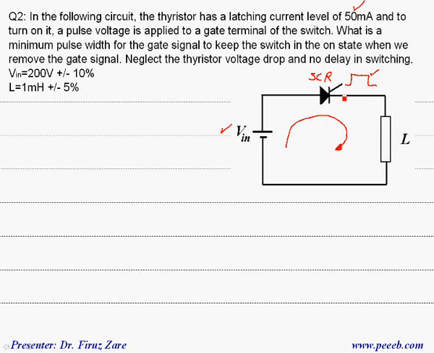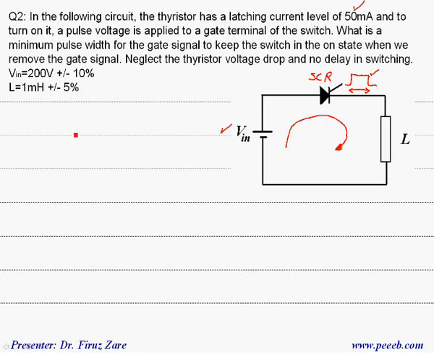So in order to find the best signal for this thyristor, we have to be sure that at the end of this gate signal the current through the thyristor is more than 50 milliamp.